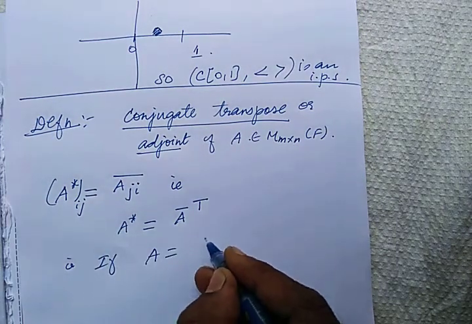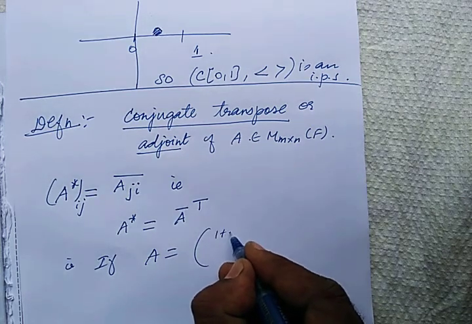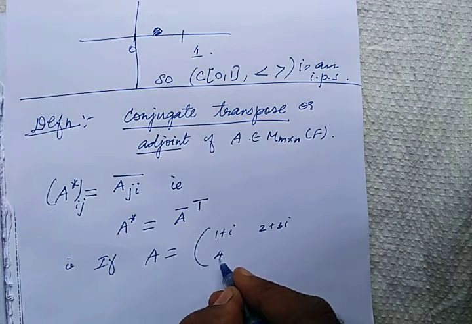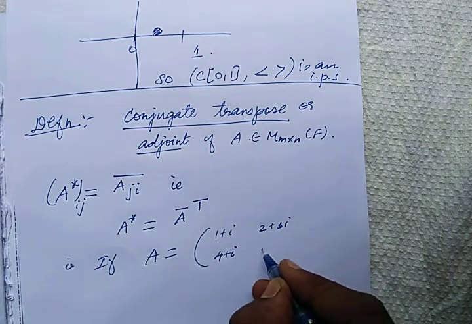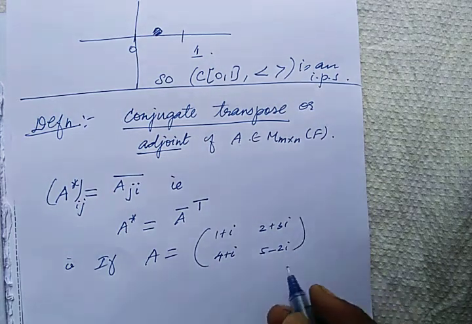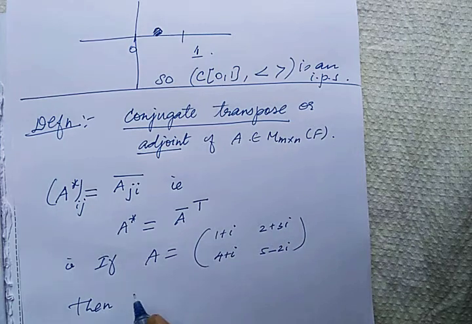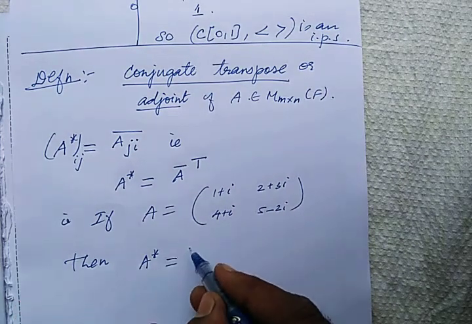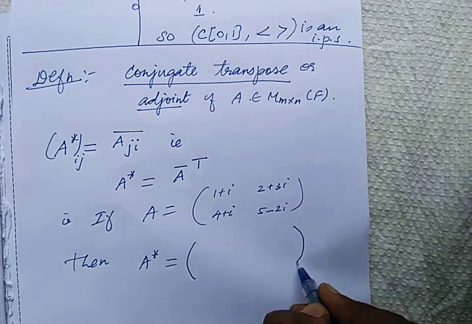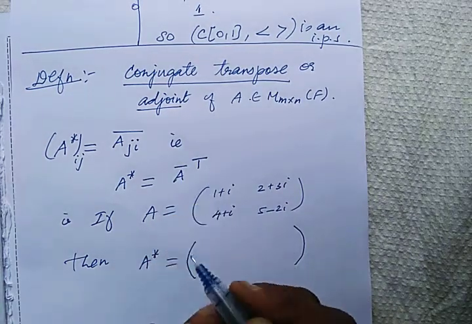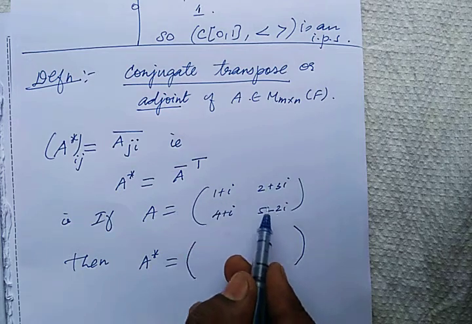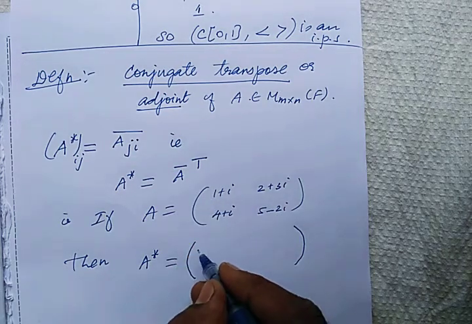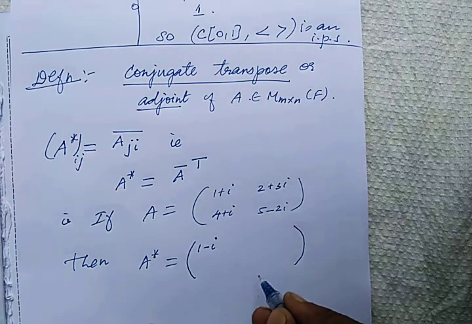That is, if A is equal to the matrix with rows 1 plus i, 2 plus 3i and 4 plus i, 5 minus 2i, then what is A star? You have to take bar as well as transpose. If you take transpose, the main diagonal will not change, simply bar.